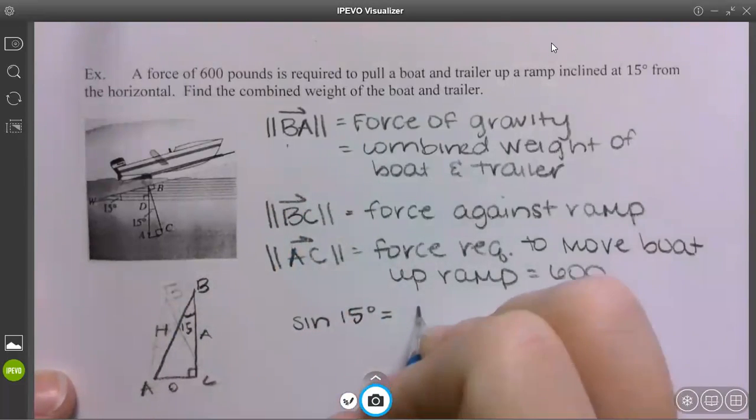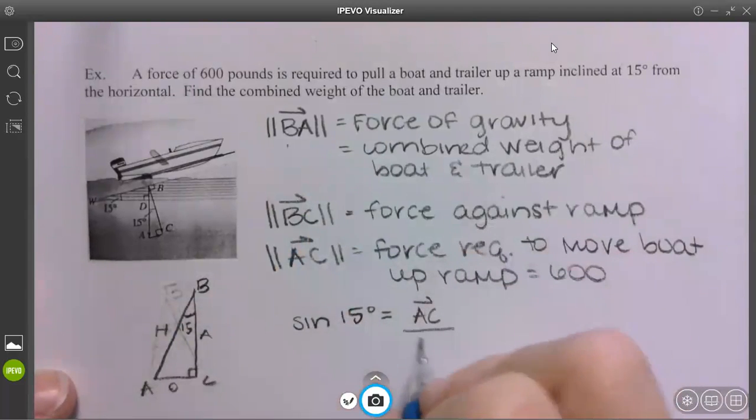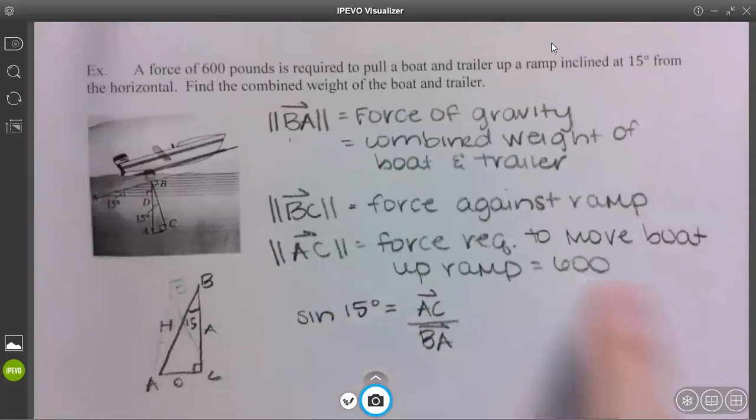So opposite is AC, hypotenuse is BA, and it doesn't matter which order you write them in. If you write it AB, it would be fine as well. We know that AC is 600.